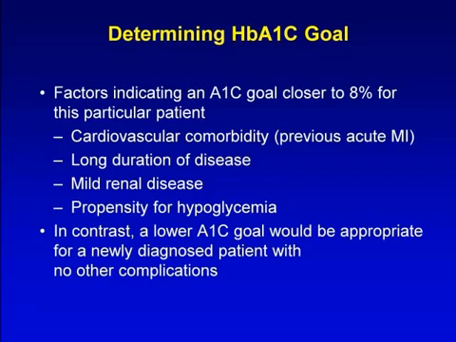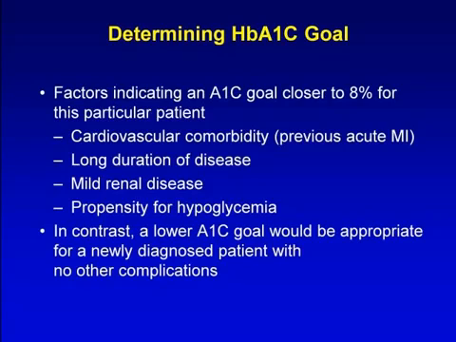The guidelines, in brief, related to the individualization of A1C goals depending on the patient's comorbidities and social situation. So, for example, if a patient had a lot of cardiovascular morbidity and they had a long duration of diabetes, had a propensity to hypoglycemia, and had a duration of diabetes more than 15 years, you would tend to have a goal which is closer to 8 than lower.